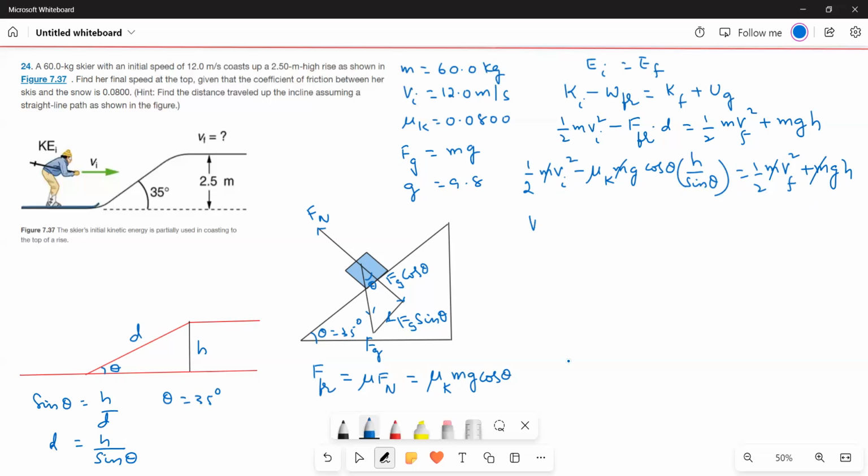Now mass goes off throughout, and I have to find vf. Before that, I multiply the entire equation by 2 so that the 2 in the denominator goes off.